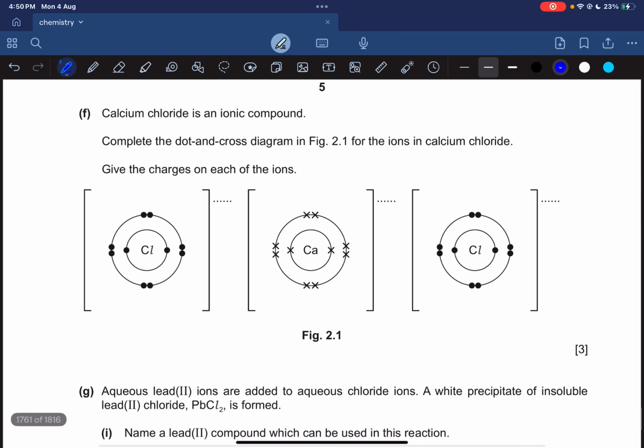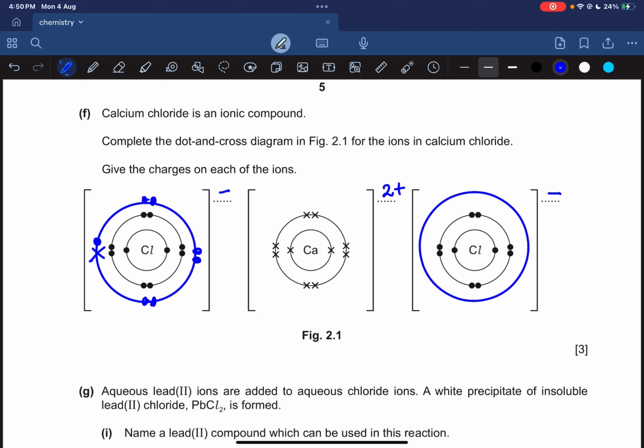Calcium chloride is an ionic compound. Complete the dot and cross diagram in figure 2.1 for the ions in calcium chloride. Give the charges. Chloride is going to be a -1, and calcium is going to be a 2+. This is a complete shell for calcium, but chloride is going to have 1 additional shell. They're going to be 1, 2, 3, 4, 5, 6, 7 normal and 1 from calcium.